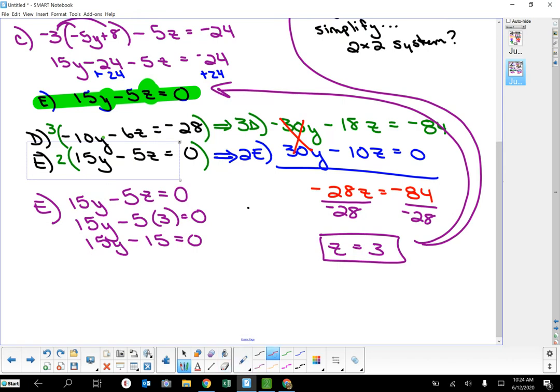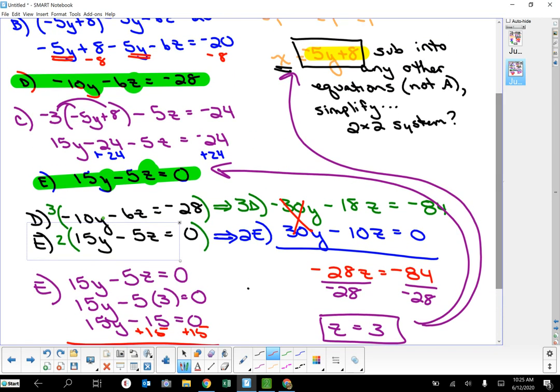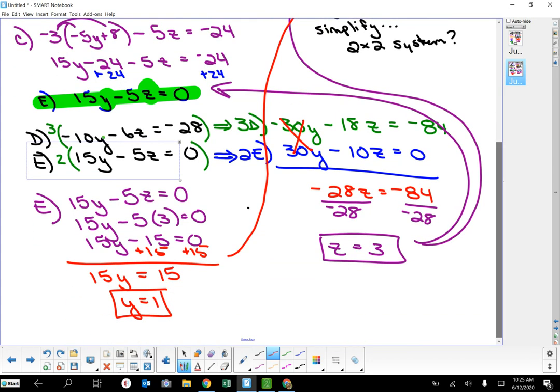15y minus 15. I'm going to move the 15 to the other side. That's going to change its sign, right? I'm going to add a 15, add a 15. And y equals 1. Now I can plug the y equals 1 back into this guy. I don't have any space. x equals negative 5y plus 8.